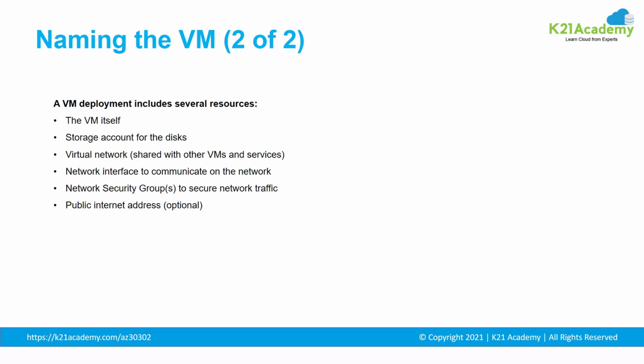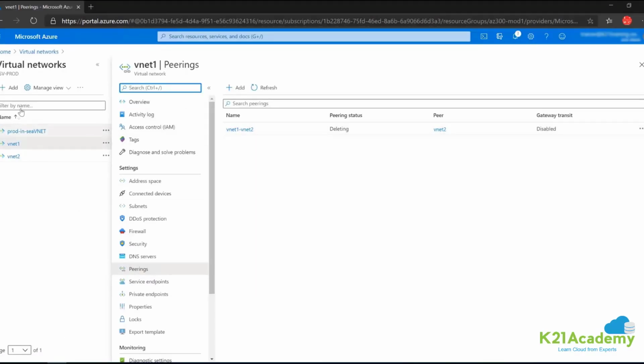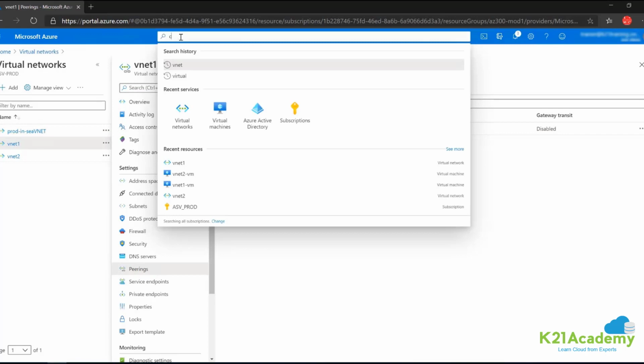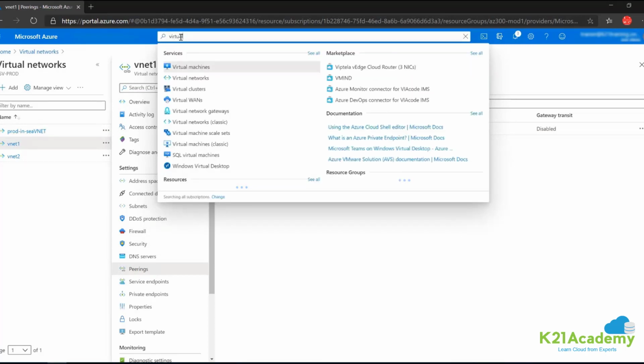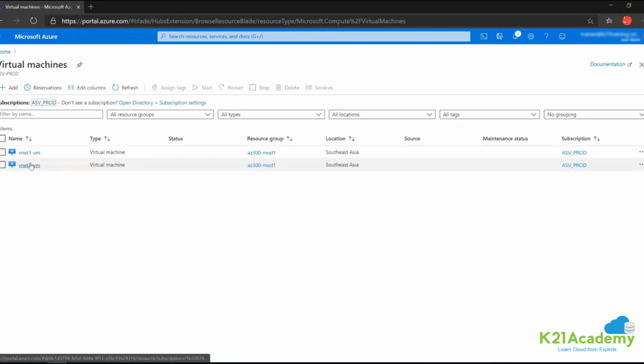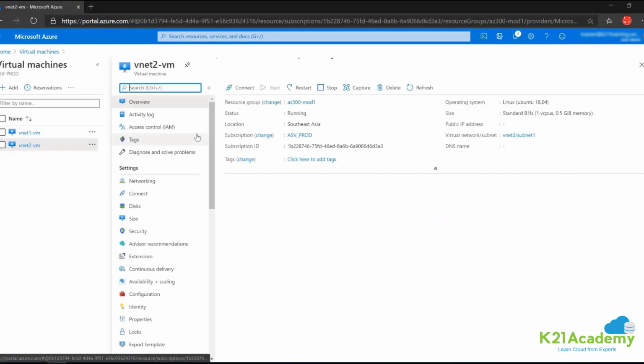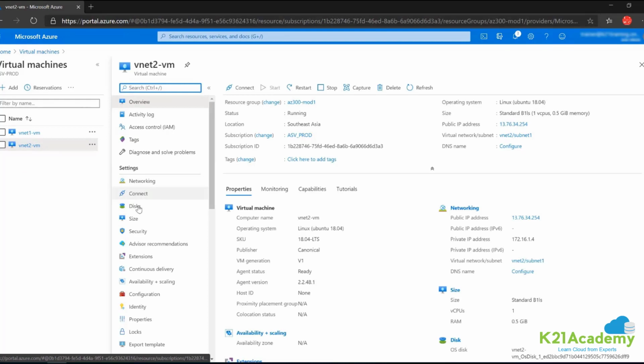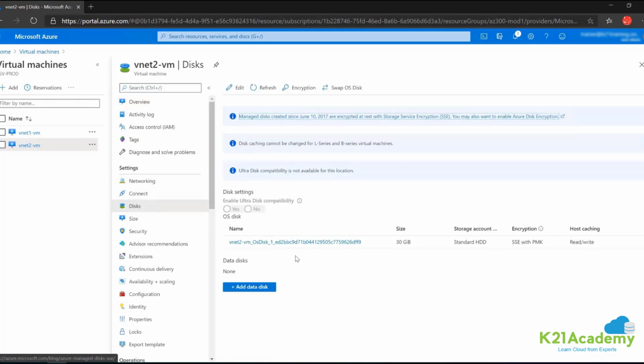Switch back to the portal, and if I go to virtual machines, the name that we gave was VNet2 VM. So if I go and try to find the disk, you can see that the name is actually appended to the disk name. That's VNet2 VM OS disk 1.